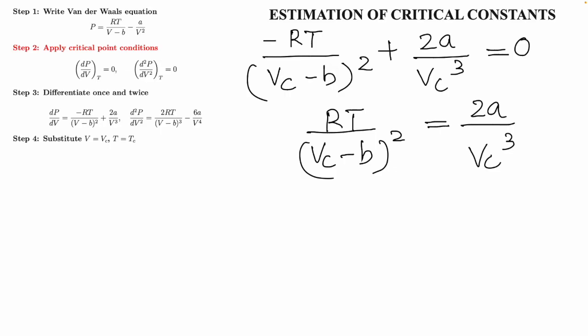What did I do? I took RT by (Vc minus b) the whole square to the right hand side. Therefore the negative got cancelled and I just flipped it. That's all I did.